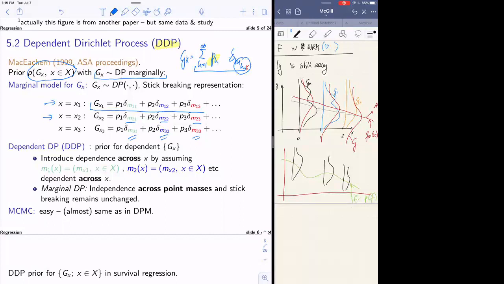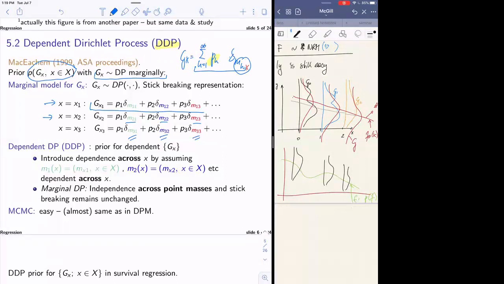But, and that is exactly where we get our desired model, there's no restriction about independence in the column. In other words, all the green point masses, we can actually make them dependent. There's nothing stopping us from making the green guys dependent, making the blue guys dependent, and making the red guys dependent.